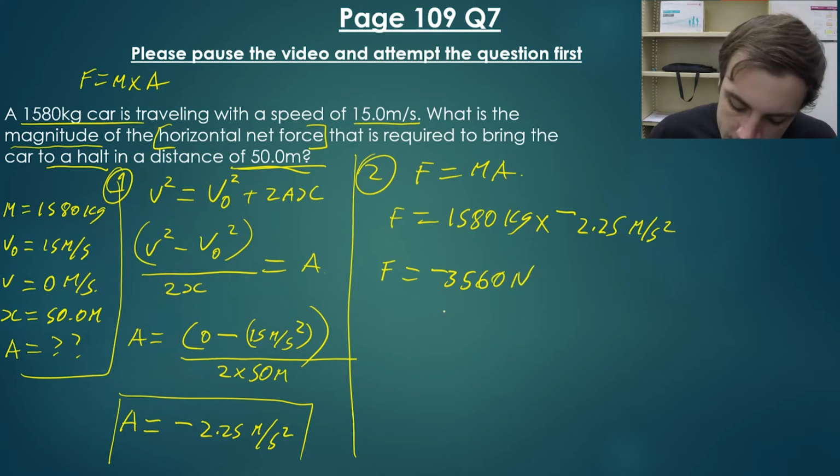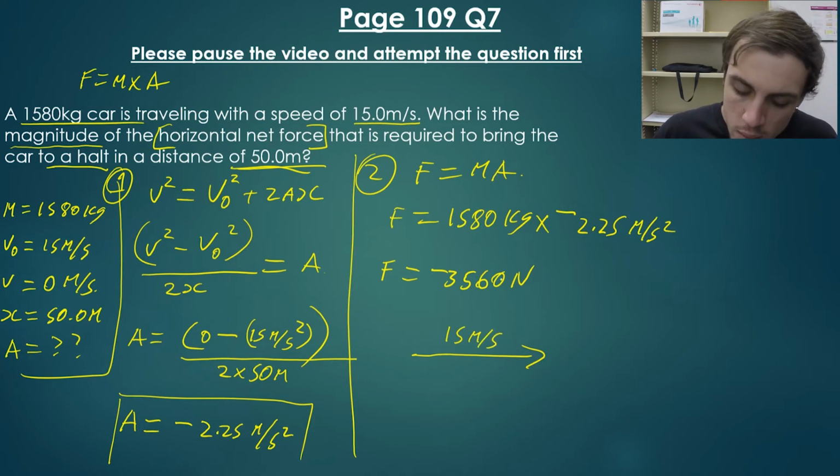That means that if the car is moving this direction with a speed of 15 meters per second, and we want this car to stop in a distance of 50 meters, we need to have a countering force. So we need to have acceleration moving this way at 3,560 newtons.